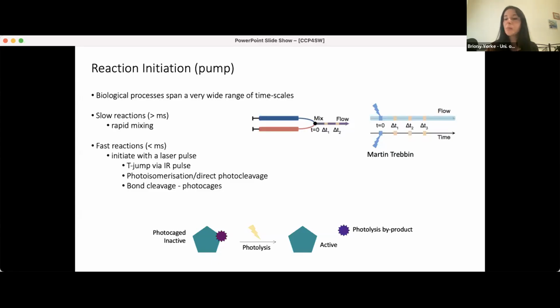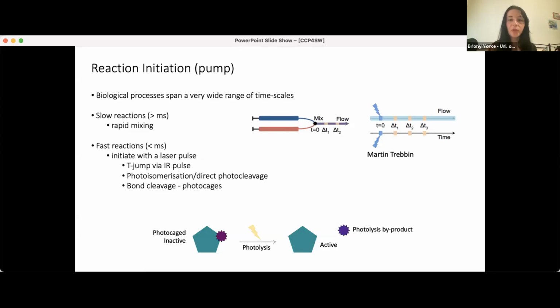But one thing that's more standard and more applicable across the range of different enzymes or proteins that we might be interested in looking at is using photocages. Here we take our substrate and add to it a photolabile group. This prevents turnover, or perhaps binding or the entrance of the ligand into the active orientation in the active site.